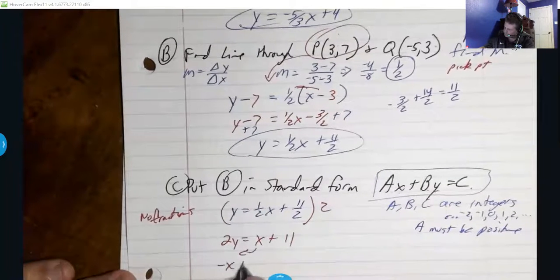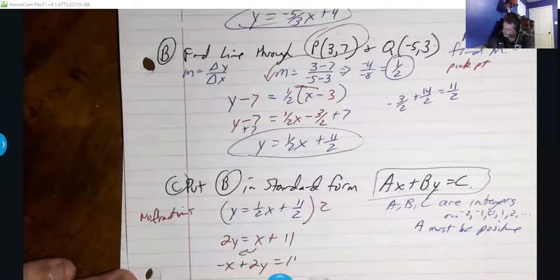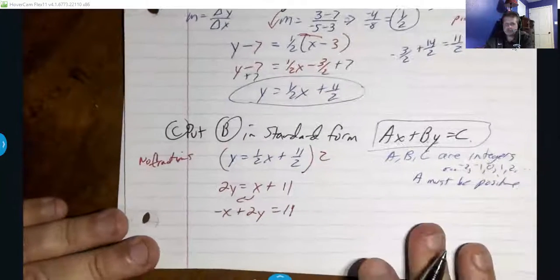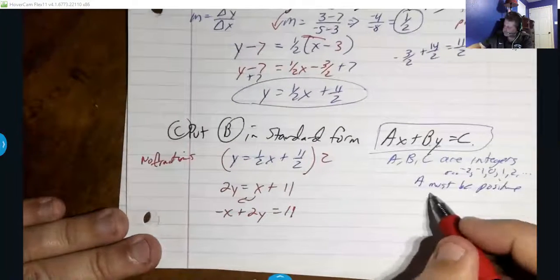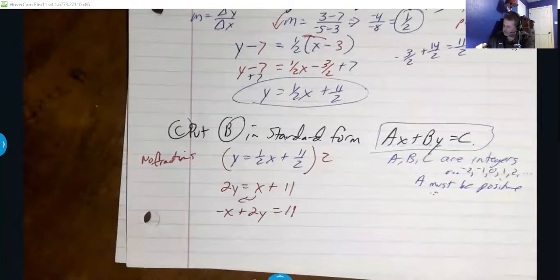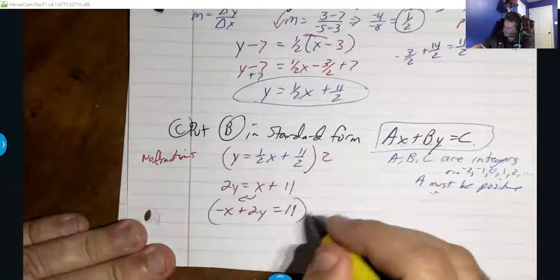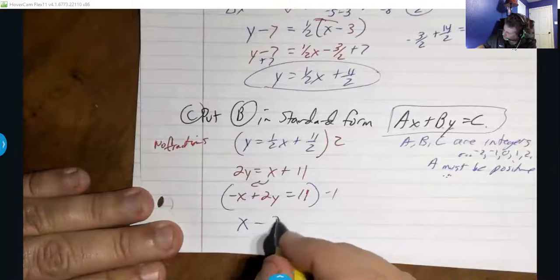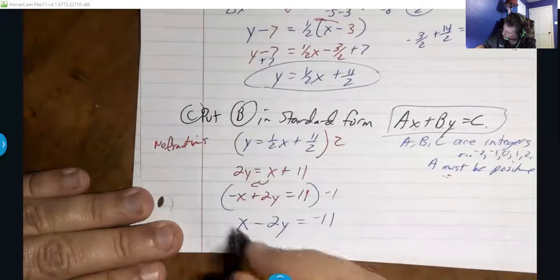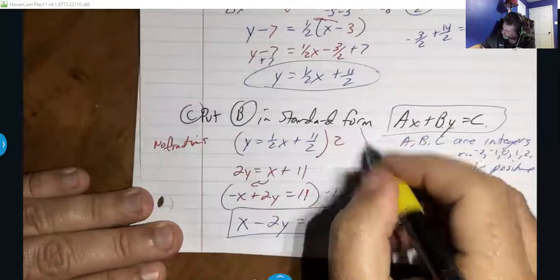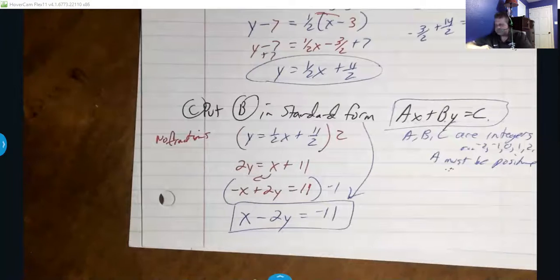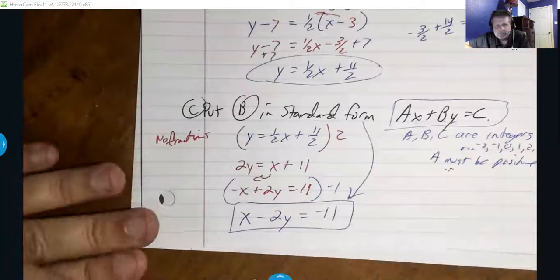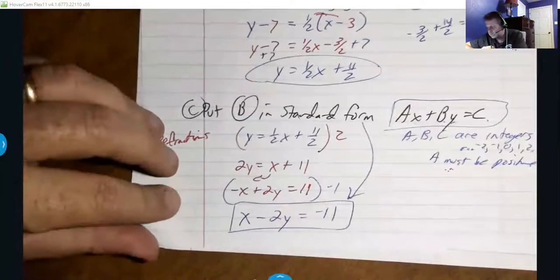That's negative x plus 2y is equal to 11. So now they're all integers, but the only problem is A has to be positive. So I'm going to multiply everything by -1, which is going to give me a final answer of x minus 2y is equal to -11, and that is in standard form. Okay, and we have to know how to do both standard form and slope-intercept form.